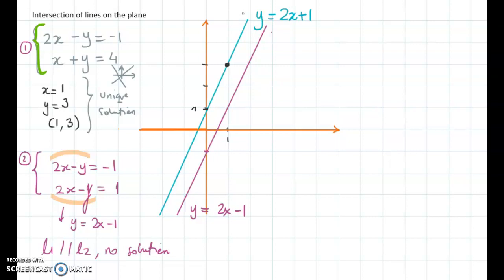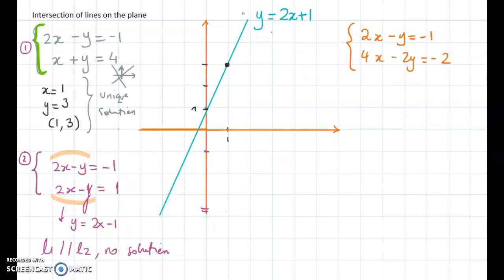We still have one more case to consider. Again, I'm going to keep the first one of the equations, so 2x minus y is equal to -1. And then my new equation is going to say 4x minus 2y is equal to -2. Let's make space for this new picture.